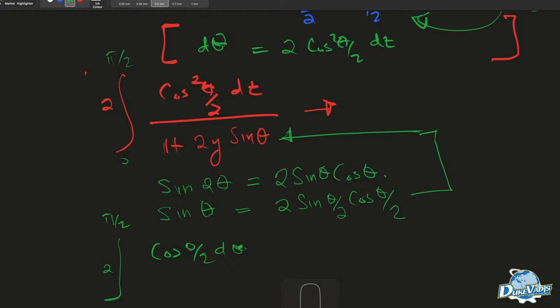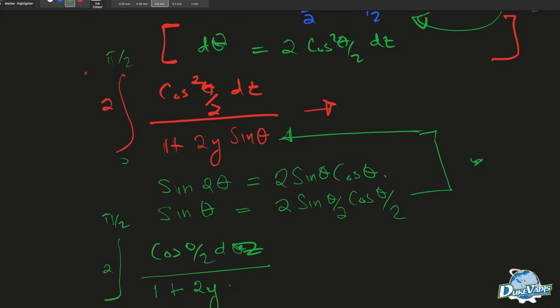Bring the connection back. Okay, so as you can see, all this is over 1 plus 2y, and this will be 2 sine theta over cos theta.